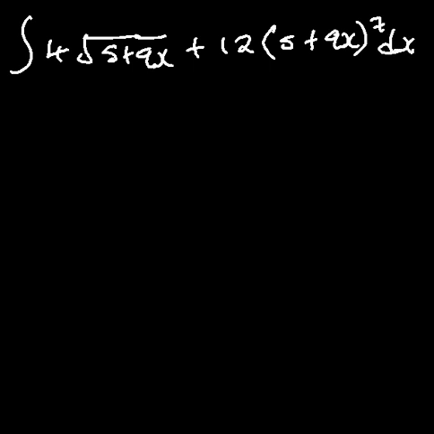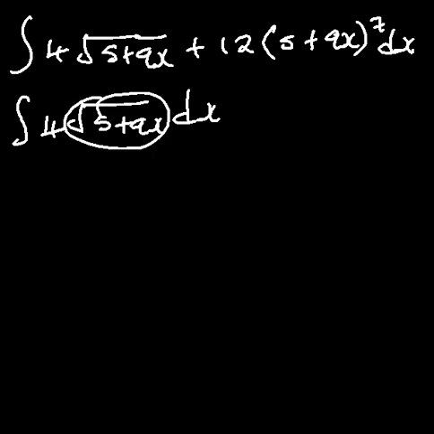In this case, we'll also do it in the same way, where we integrate each and every part separately. So we'll have the integral of 4 square root of (5 plus 9x). We're going to use the u substitution as well, because there is no direct integral for what we have here. So in this case, we'll have u given as 5 plus 9x.